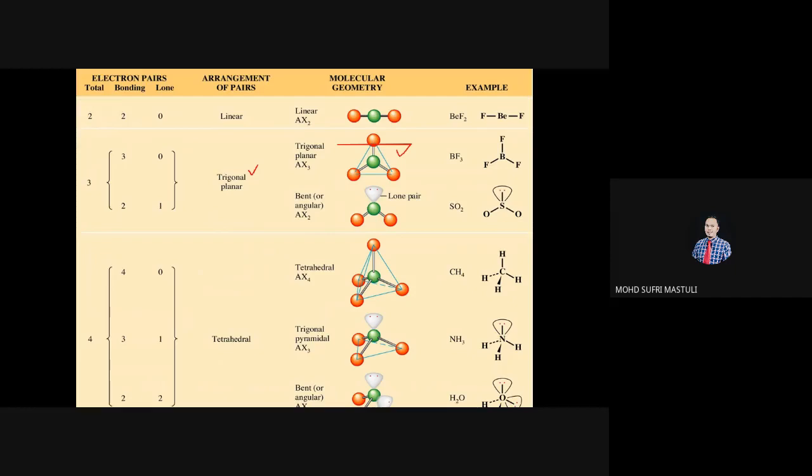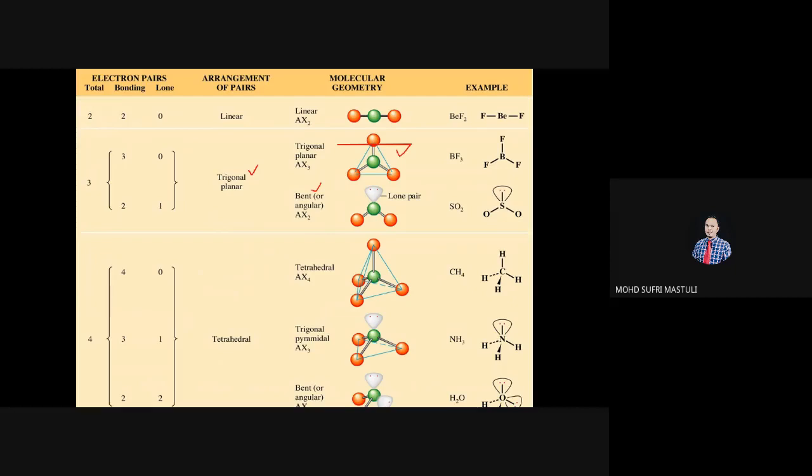But if we have an electron domain of 3 with one lone pair, 2 plus 1, it is no longer trigonal planar, it becomes bent because of the presence of one lone pair.